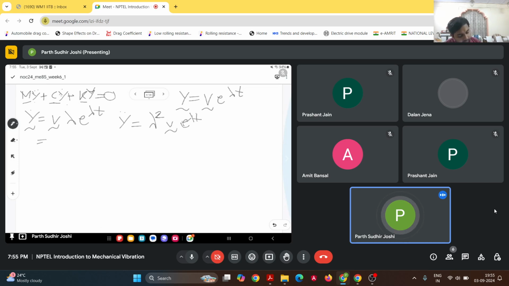So y dot is basically lambda v e to the power lambda t, which is the same as lambda y, and y double dot is the same as lambda square y vector.